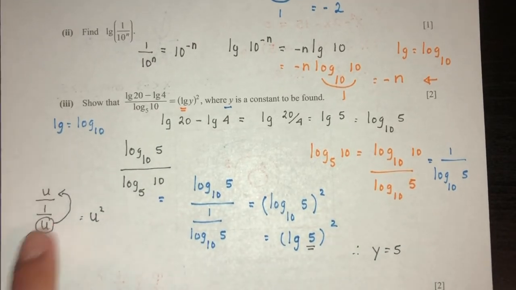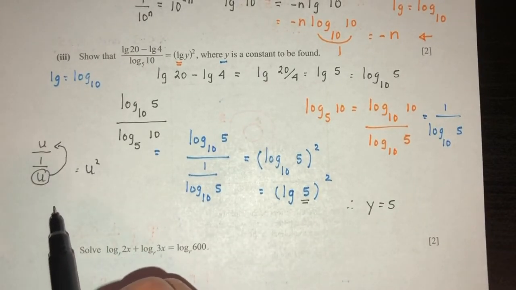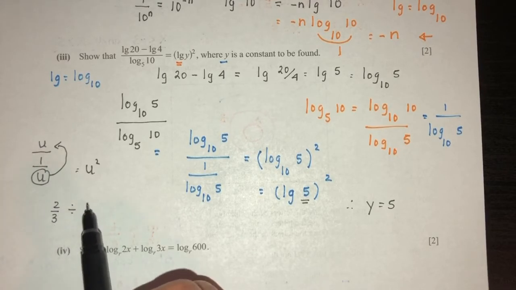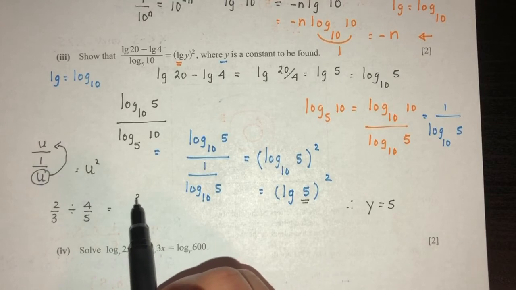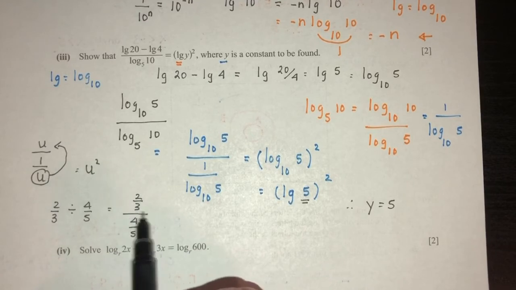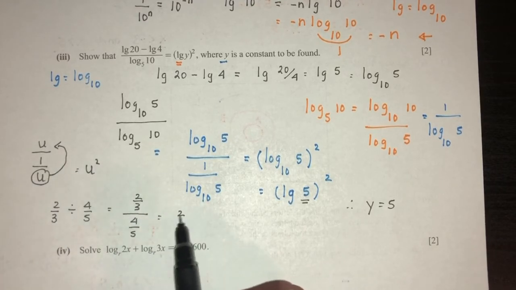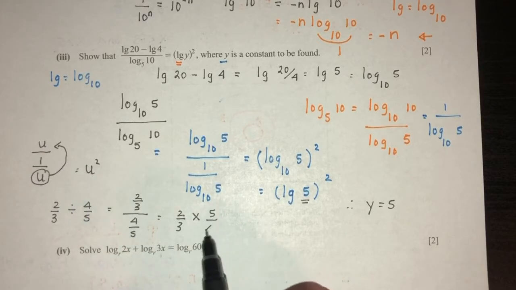So just to explain this, when you have to divide something, say for example you divide 2 over 3 divided by 4 over 5, what would you do? You will write down 2 over 3 divided by 4 over 5, but then you will change the sign of divide to multiply. You will have 2 over 3 multiplied by 5 will go up and 4 will go down, right?